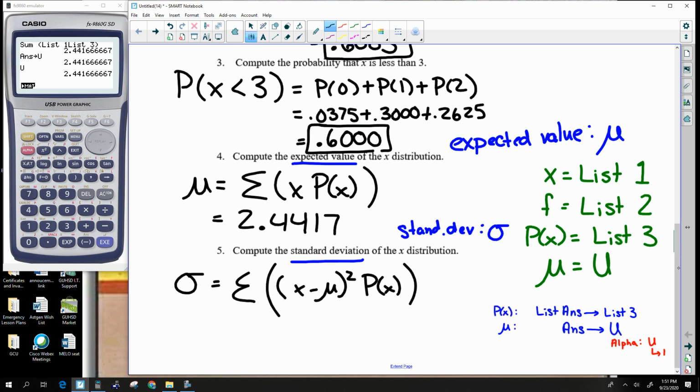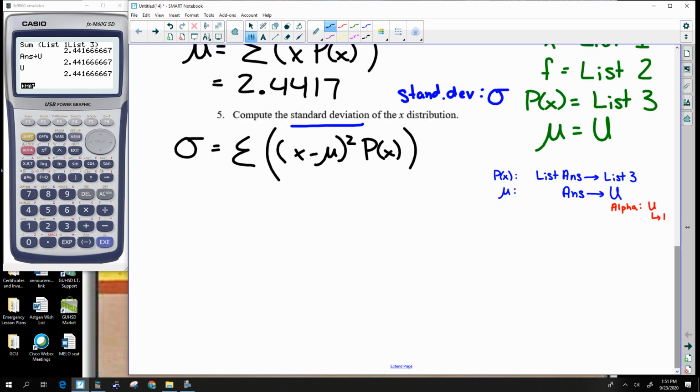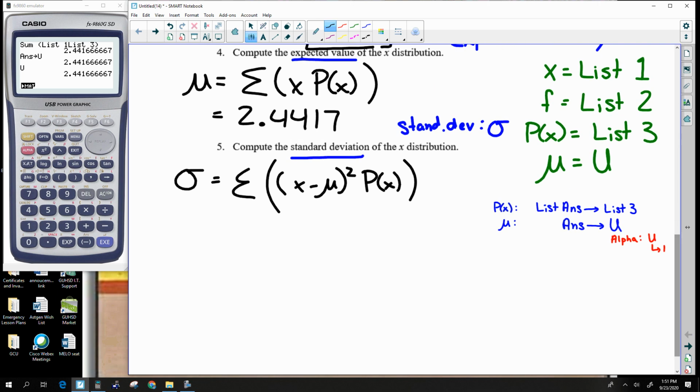All right. Now, again, using all the things that I stored into my calculator, I should have all the necessary pieces, and you can just straight up plug and chug.